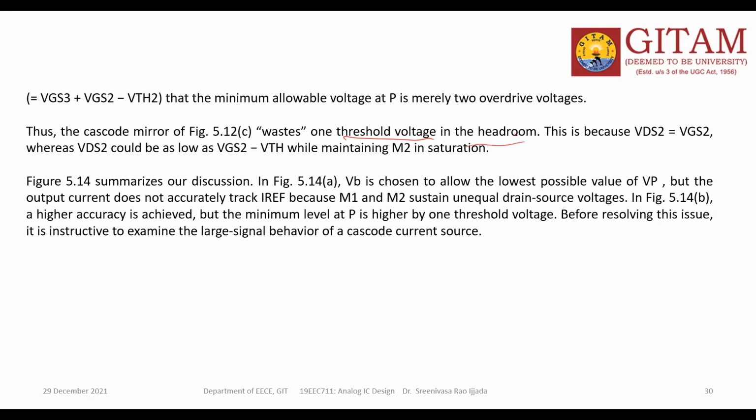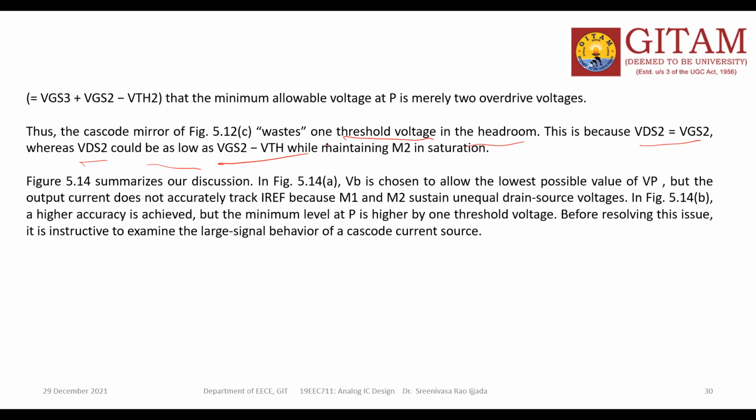This is because VDS2 and VGS2 both are the same, whereas VDS2 should be as low as this overdrive voltage. Understand why that VTH is wasted? It means we consider that the second transistor's drain to source voltage and gate to source voltage are both equal, and your VDS2 could be as low as the overdrive potential of the second transistor.